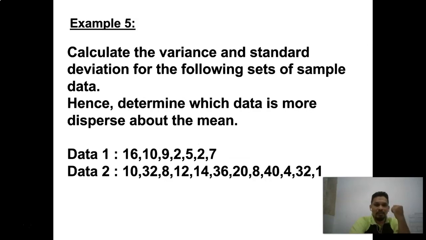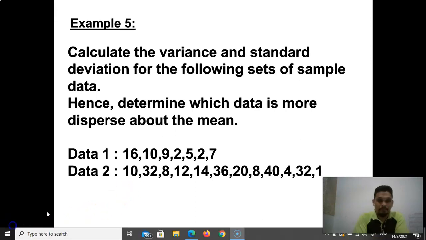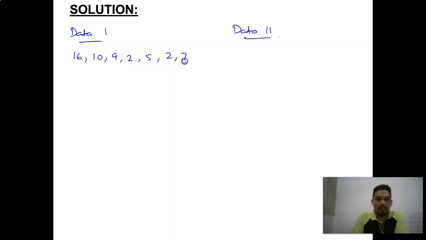Now, calculate the variance and standard deviation for the following sets of samples. For data 1, we have 16, 10, 9, 2, 5, 2, and 7.